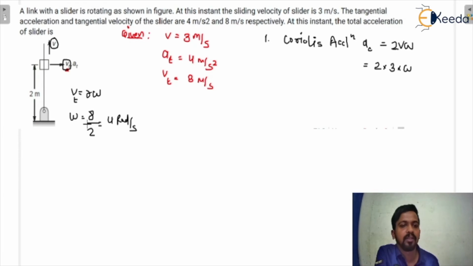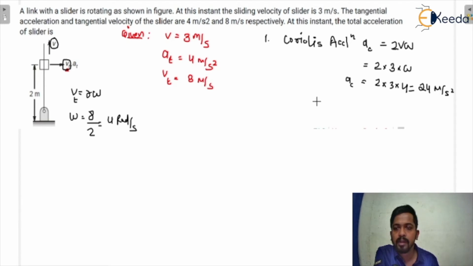We have calculated the angular velocity, that is 4 radian per second, so 2 multiplied by 3 multiplied by 4 is 24 meter per second square. We have calculated the Coriolis acceleration AC, that is 24 meter per second square.